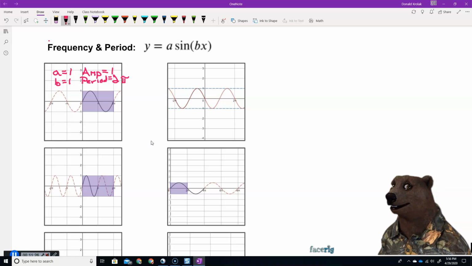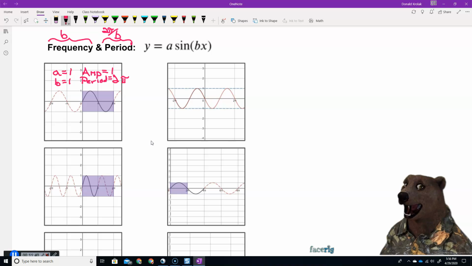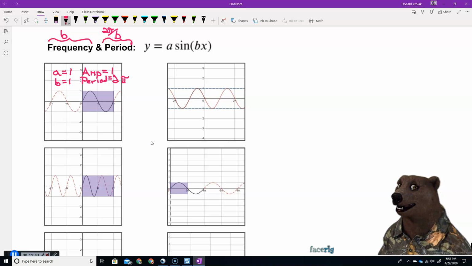Now remember, the frequency, guys, is the B. To get the period, you take 2 pi and you divide it by B. All right, so this equation is just our parent function 1 sine 1x.